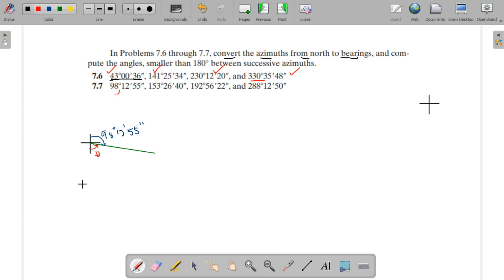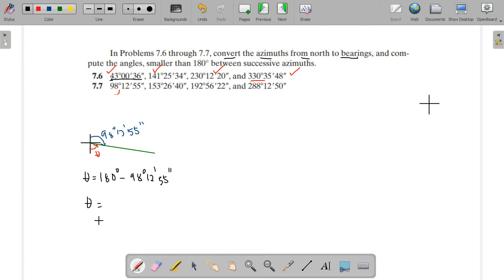Okay, so let's solve for theta here, where theta is equal to 180 degrees less 98 degrees, 12 minutes, and 55 seconds.